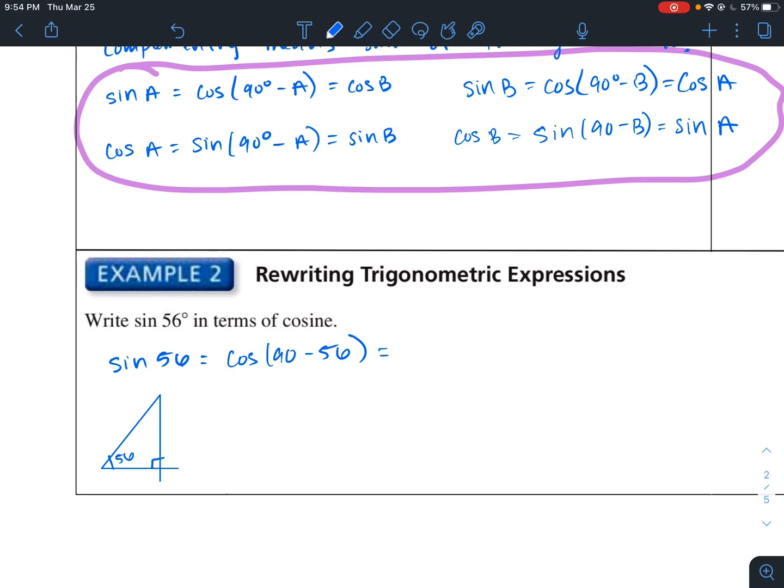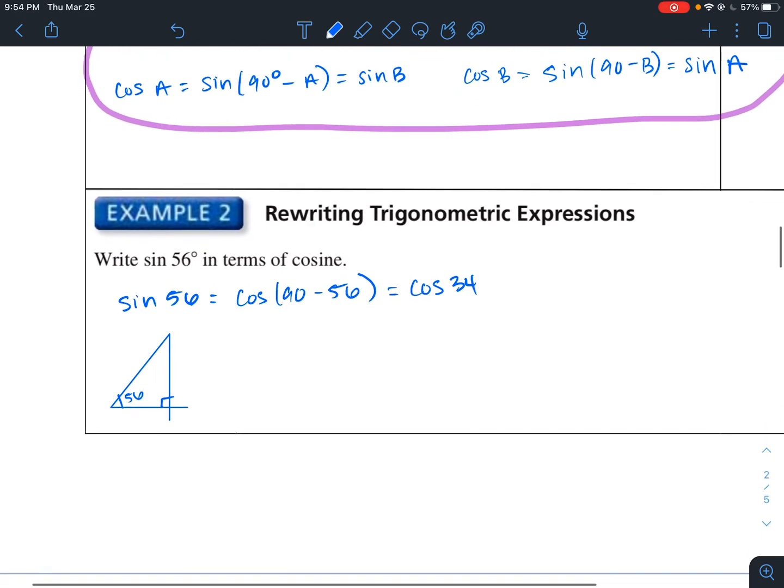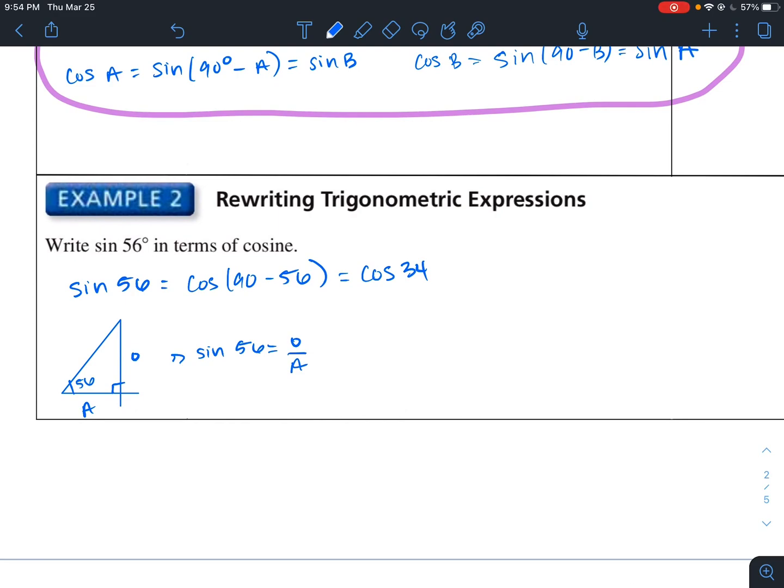So if you do that, you get cosine of 34, which makes sense, right? Because let's say that this side is your opposite, and this side is your adjacent to 56. And then we know by the triangle sum property that this angle has to be 34 degrees. Okay.